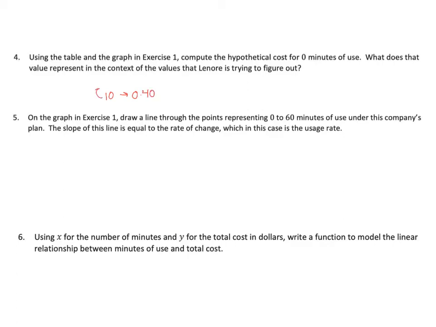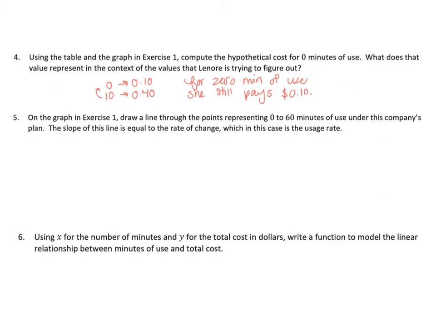Let's go back 10 minutes. How much is that going to cost us? Well, we increased by 30 cents each time. So if we took 30 cents away from 40 cents, this is going to cost us 10 cents. So for 0 minutes of use, she still pays 10 cents. Okay?